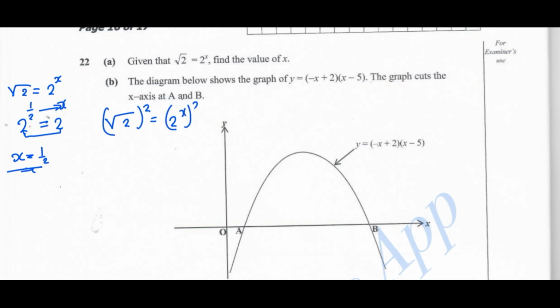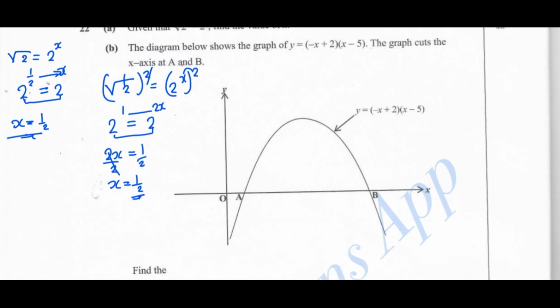This will cancel, giving us 2 raised to the power 1 is equal to, we can multiply here, 2 raised to the power 2x. Then if the bases are the same, we can equate the powers. So 2x is equal to 1. If you divide both sides by 2, you can see that we are still getting the same answer, which is half.